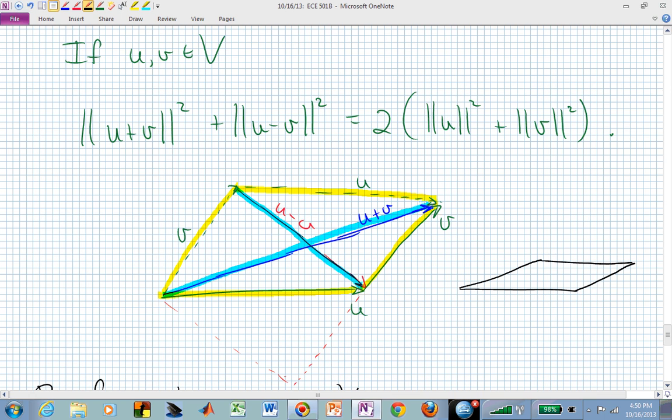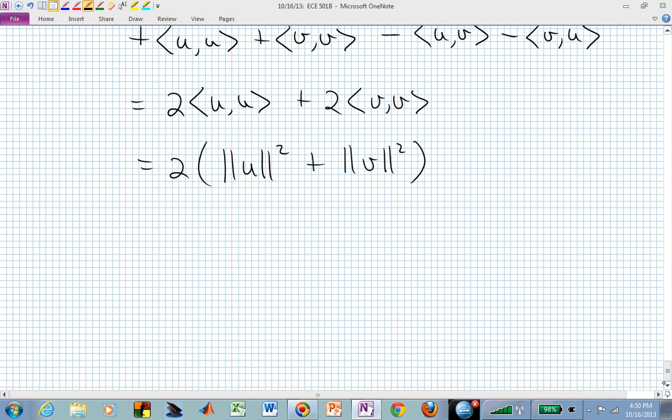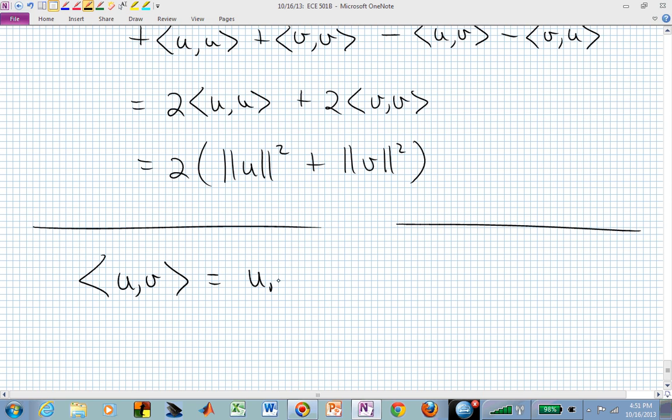What we've said is that if we have these, let's just say it was two-dimensional, we now have u1 v1 conjugate plus u2 v2 star. And those are the coordinates in my vectors u and v.